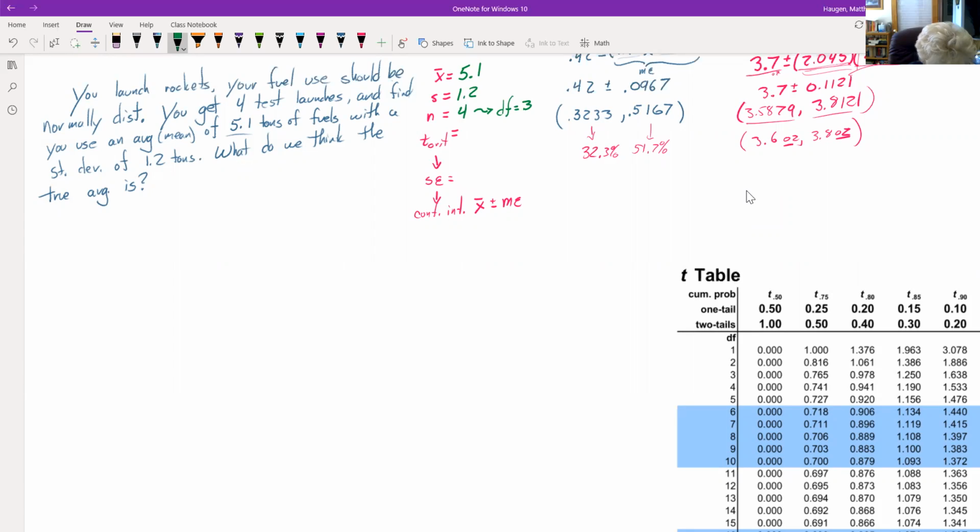Well, for what confidence level? Oh, for 95, I just assumed if they didn't tell us that it would be 95%. Okay, they didn't tell us, so we're going to assume a confidence level of 95%.